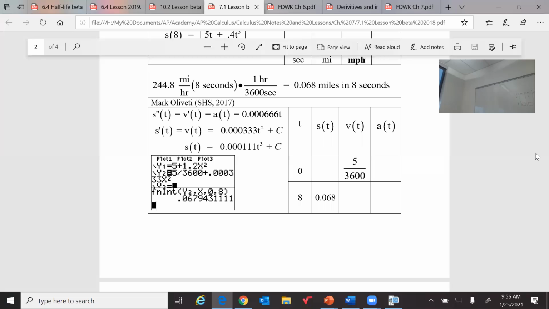And I'm going to make my initial velocity 5 divided by 3,600. Instead of making my initial velocity in miles per hour, I'm going to make it in miles per second. This would take you right to the answer. And there's the graph. So that's up to you. If you want to do it the way Mark did it, that's why it's up there.